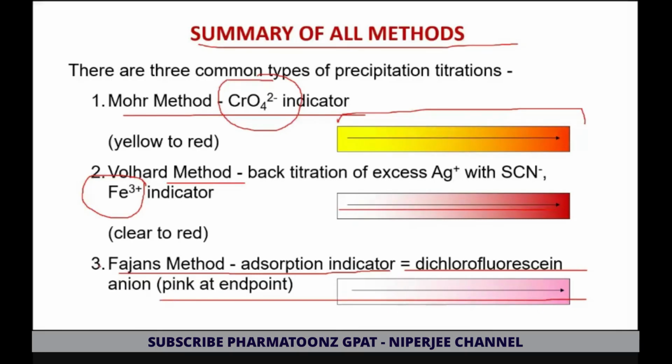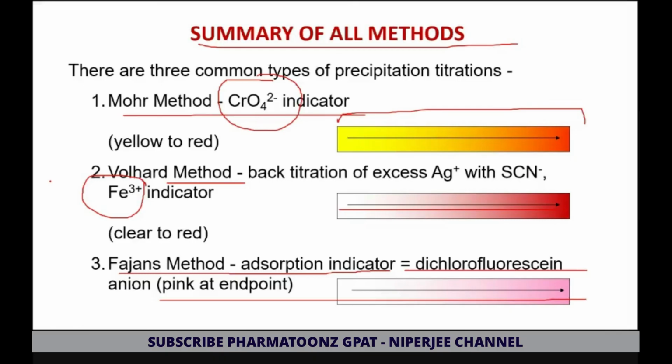Okay, so what you have to remember from these titrations: argentometric titration means AgNO3 is used. Second thing is the indicator: chromate indicator is used in Mohr's method, ferric alum or ferric ammonium sulfate is used in the Volhard method, and adsorption indicators like dichlorofluorescein and eosin dye are used in the Fajans method.